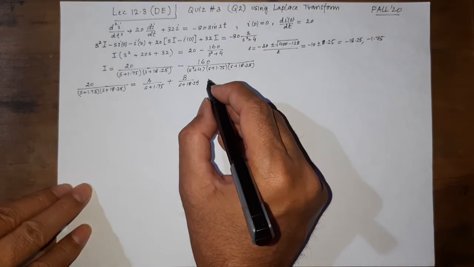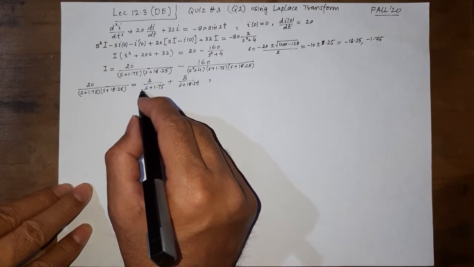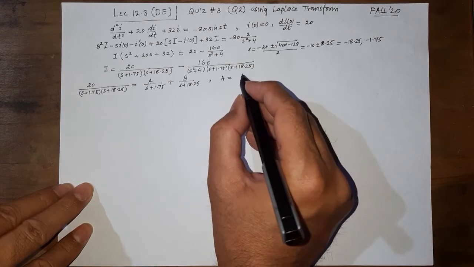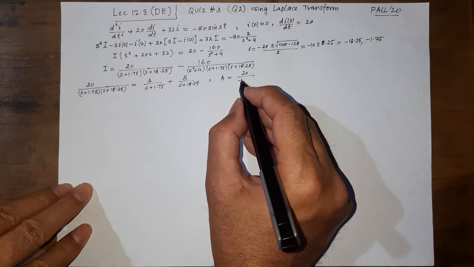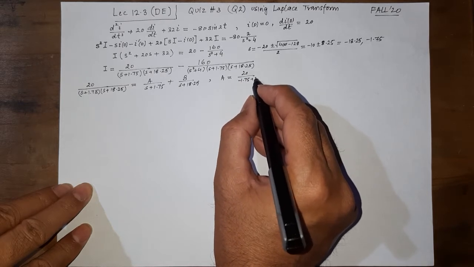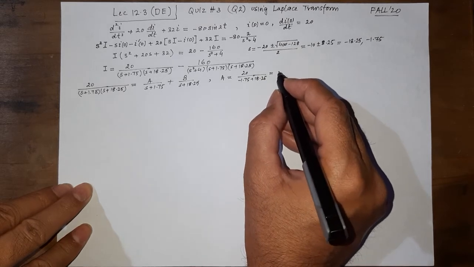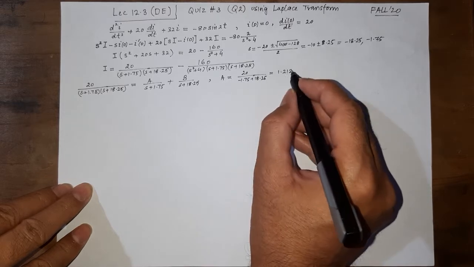You can see that if you multiply the whole thing by this factor and then put s equal to minus 1.75, we are going to get a is equal to 20 over minus 1.75 plus 18.25. That gives us exactly that factor 1.212 with a positive sign.